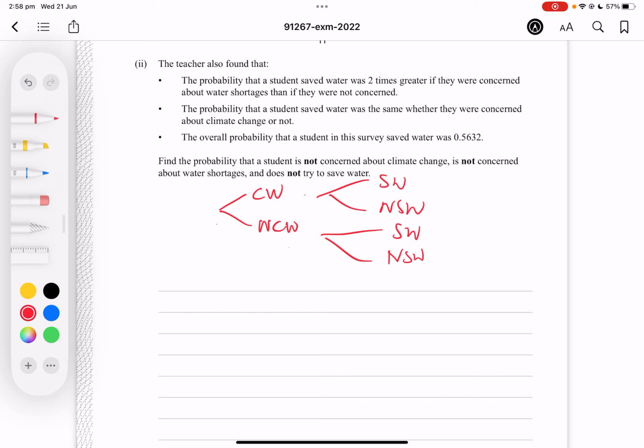So if they were concerned about water, their probability was 2 times greater to save. So if this was x, then this is 2 times x. The probability that a student saved water was the same, whether or not they were concerned about climate change or not. And the overall probability that a student in the survey saved water was 0.5632. So therefore, P, I'll probably use black. P of save water.